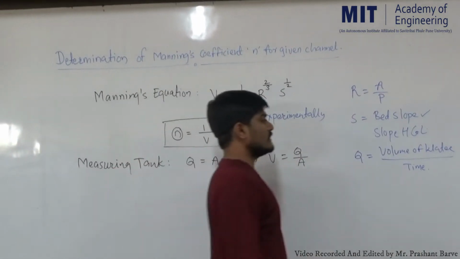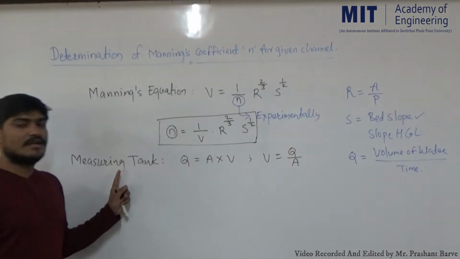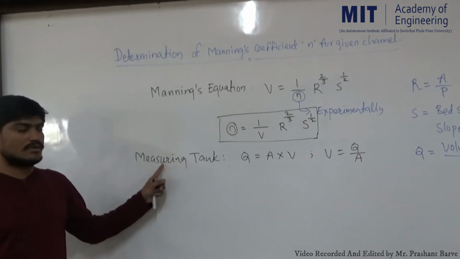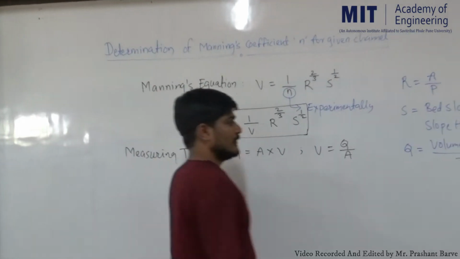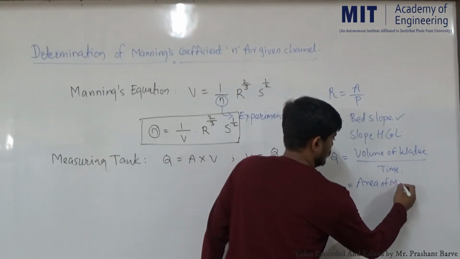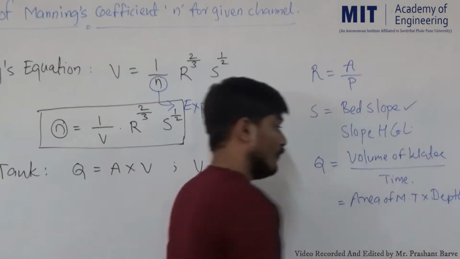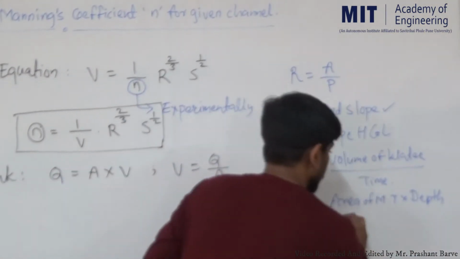Let us say the volume of water is nothing but the volume of the measuring tank, because we are going to make use of this measuring tank to measure the discharge. To determine the volume of the measuring tank, we can write the area of the measuring tank into the depth of water, that is, the depth of water collected within this time.